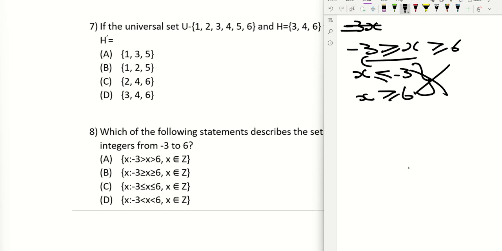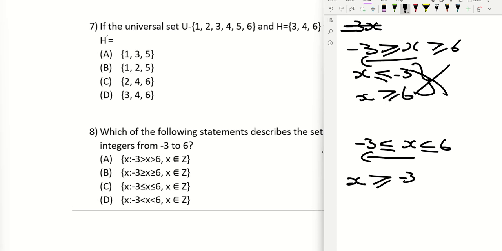Even if it's not a process of elimination, you could say -3, right? When you're reading it, always read from the letter. They're telling you that X is more than or equal to -3. Because we're reading from the letter and it goes backwards, this side flips. So the flip side of less than is more than.